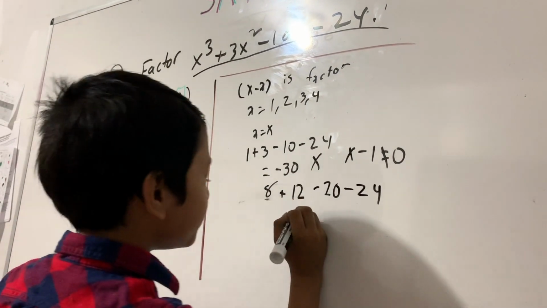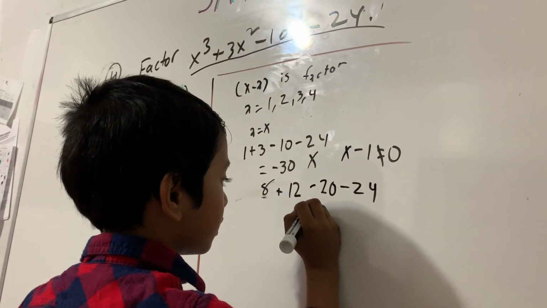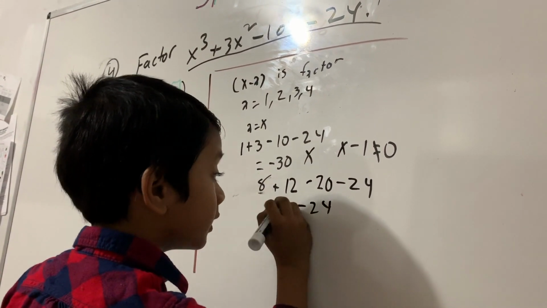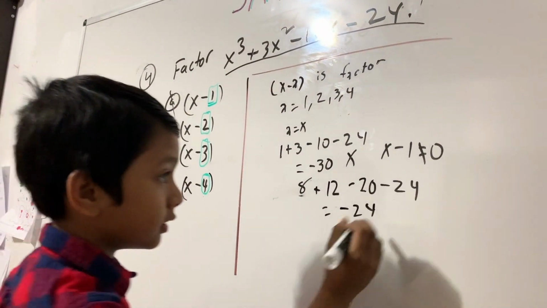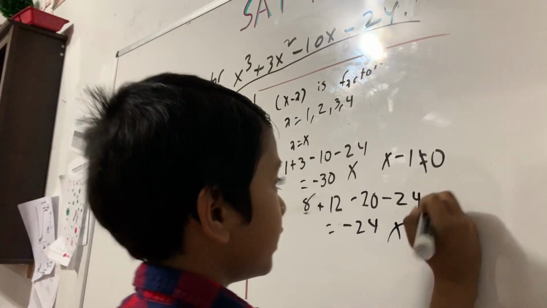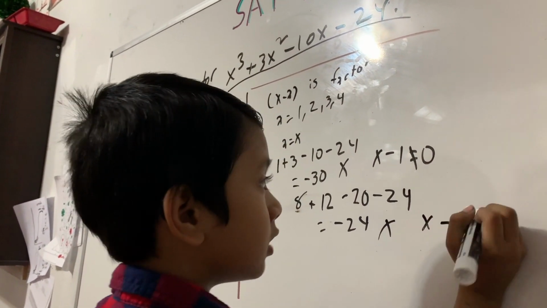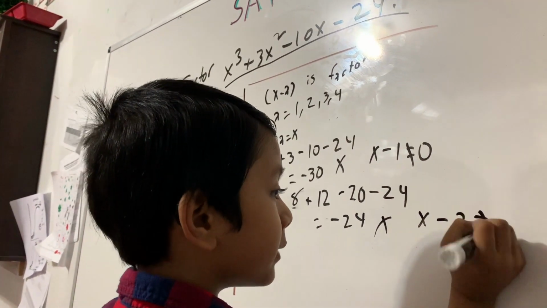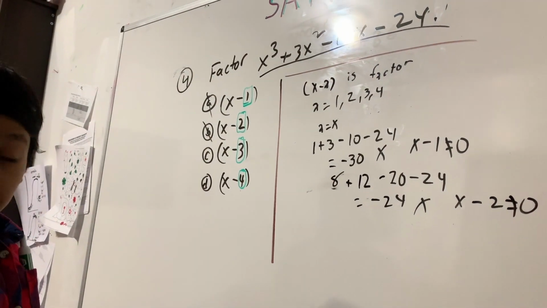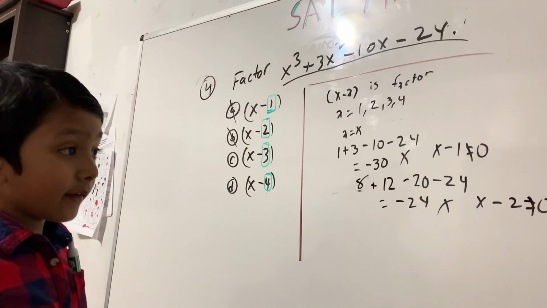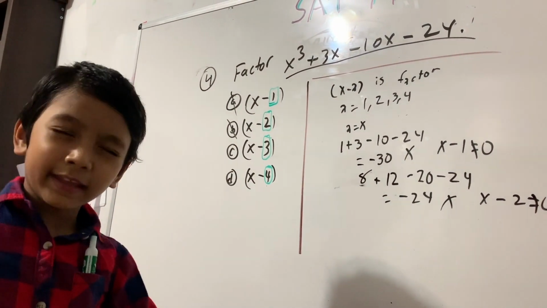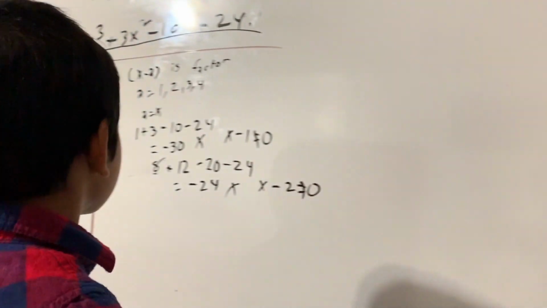Now, whoopsie daisy, that becomes minus 24 if you do the math. So, definitely not equal to 0 either. So, x − 2 cannot be equal to 0, therefore it cannot be B. Let's try C. And even if it's correct, let's try D just to make sure.